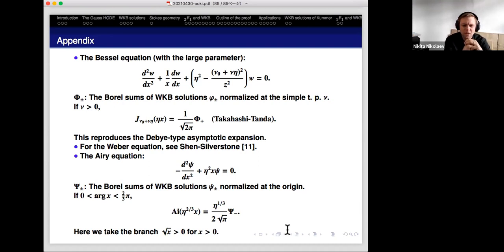Is that a really necessary step in order to do the analysis, or is it more of a convenience? I think it's not necessary, but there is a good standard theory, so I prefer to apply it.